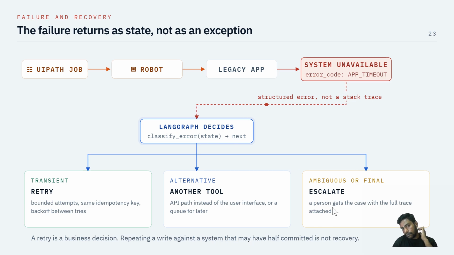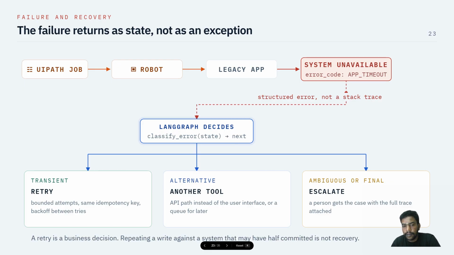Now notice what we did not do. We did not throw an exception at the model and ask it to feel its way out. And we did not blindly retry.